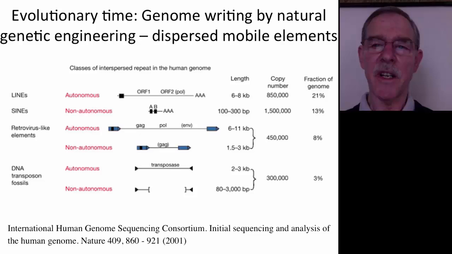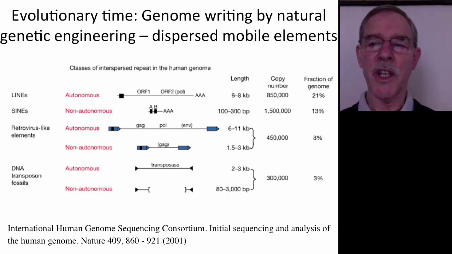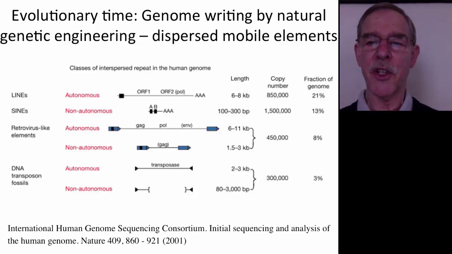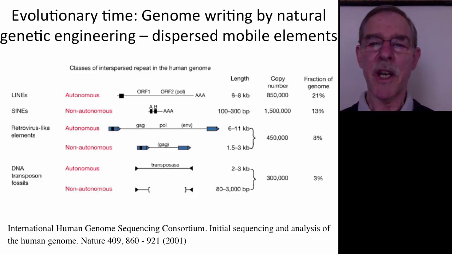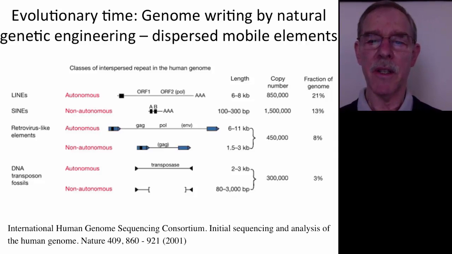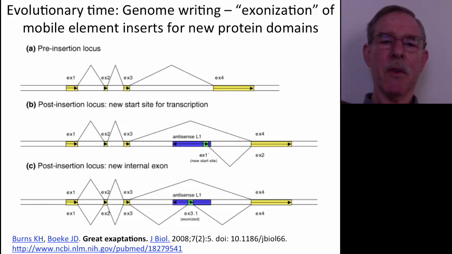And this means that in our evolutionary history, there have been at least 3 million different integration events of mobile genetic elements. They comprise, at this time, 44% of the genome, which is about 30 times more than the protein coding DNA, which is about 1.5% of the human genome.